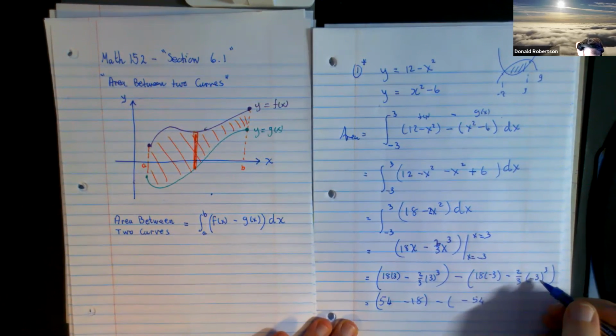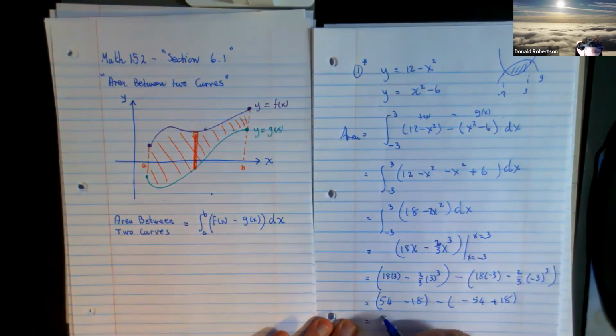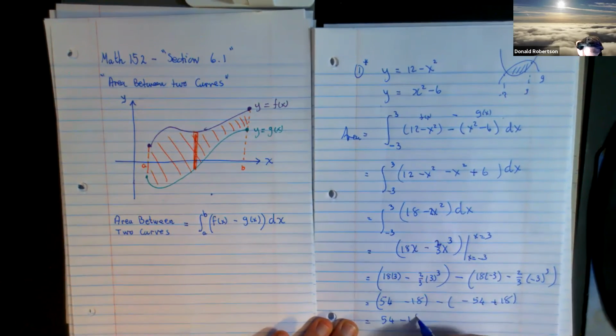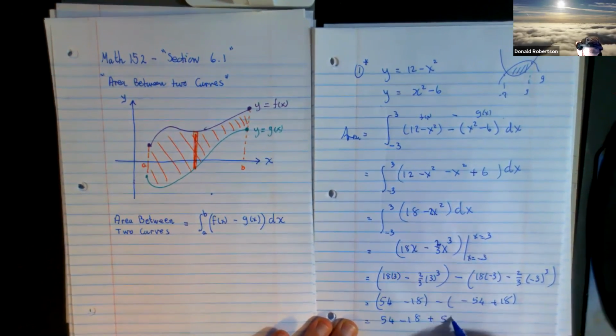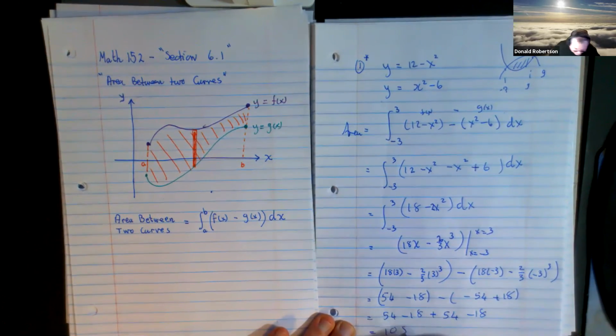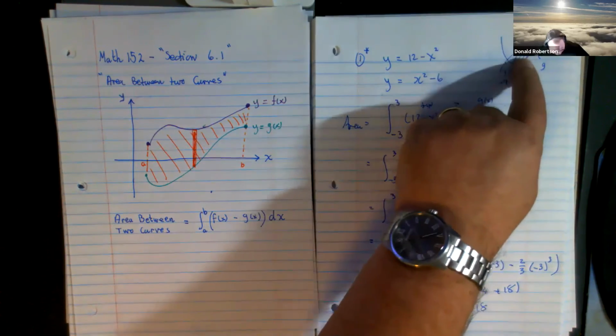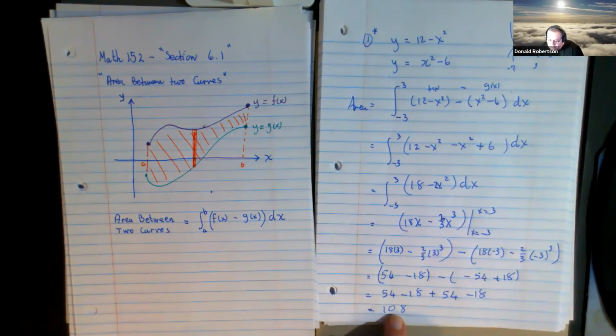That's negative 2 negatives plus 18. What do you get? 54, take away 18, add the 54, take away 18. Just about made it. The area between those two curves is 108.